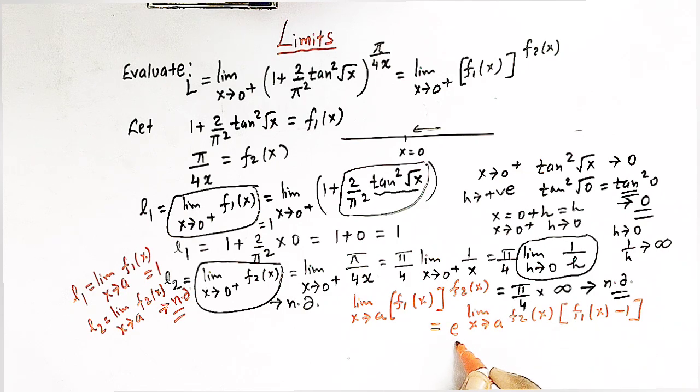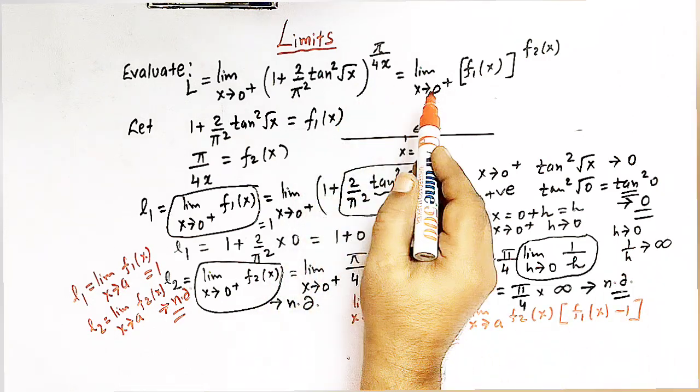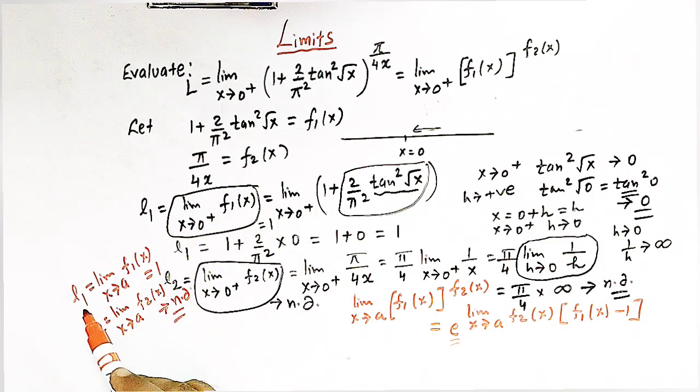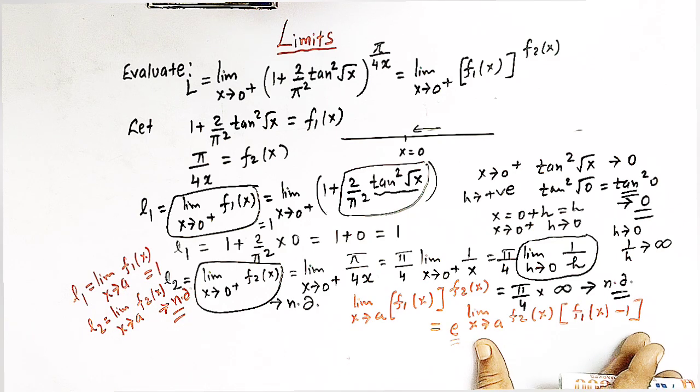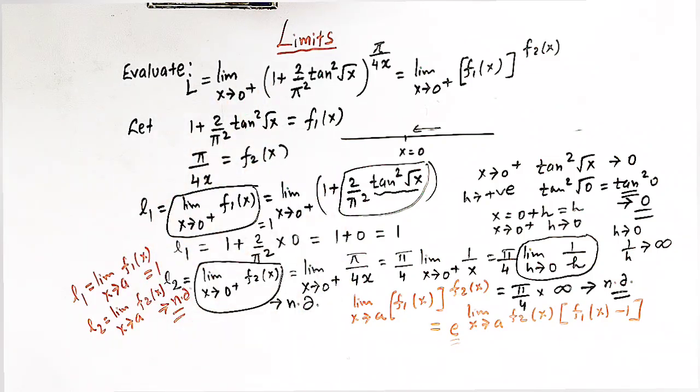So we have e raised to the limit x tends to a of f2(x) times f1(x) minus 1. Here we see that both our functions f1(x) and f2(x) are satisfying these two conditions, right? So let us now apply this rule to get the value of this limit L.